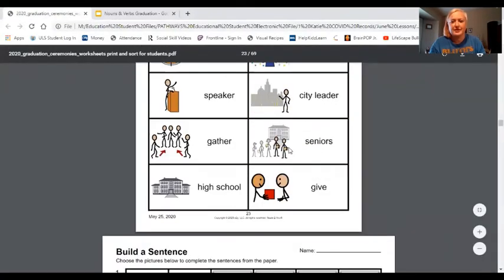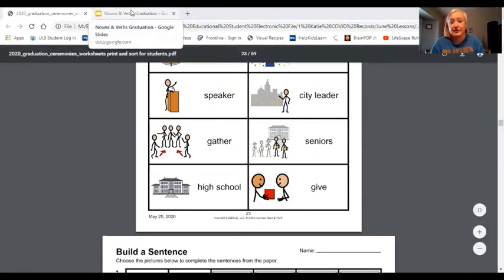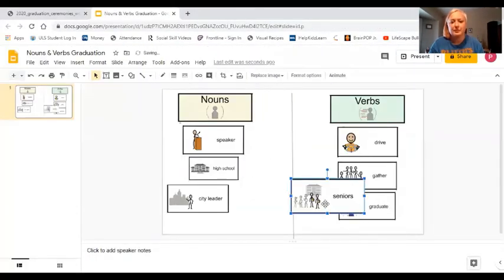We have two left, seniors and give. See if you can guess those before we put them on the board. Here's seniors. Look at that picture. What do we see? People. The school building is behind them to show that that's a place, but we're talking about seniors. We're talking about the people. So that would be a noun.